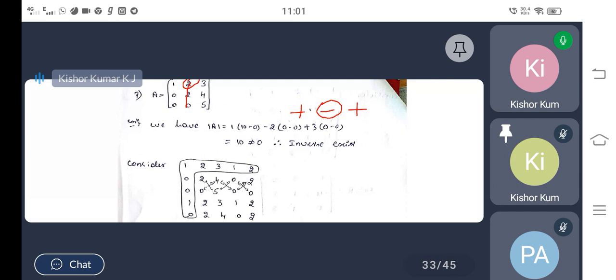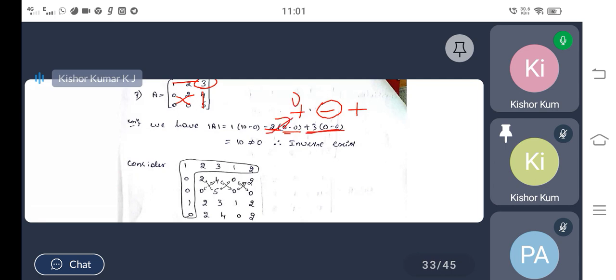Delete the second row and first column. See, minus 2 into 0, 4, 0, 5. Obviously it is 0. And for the last term here is 3. For that we have a plus sign. Delete the corresponding row and column elements. You will get again 0 minus 0.